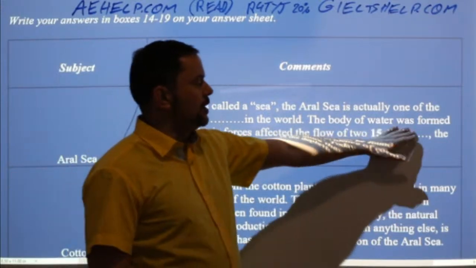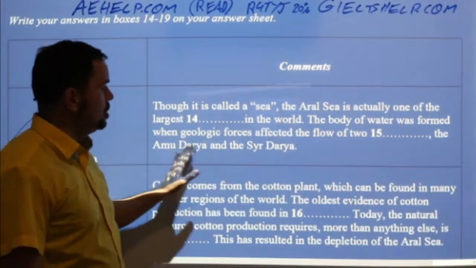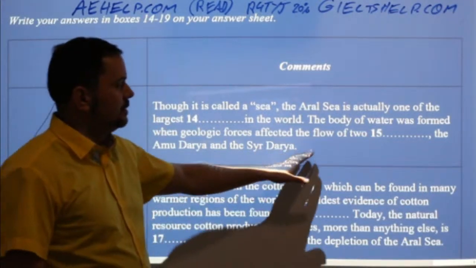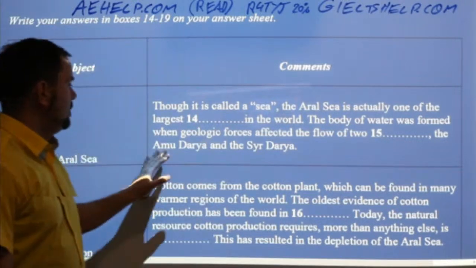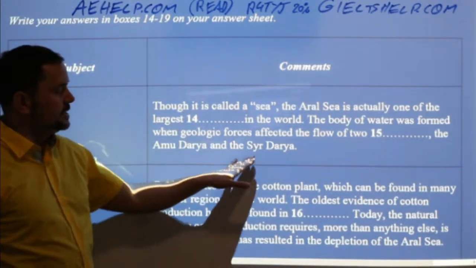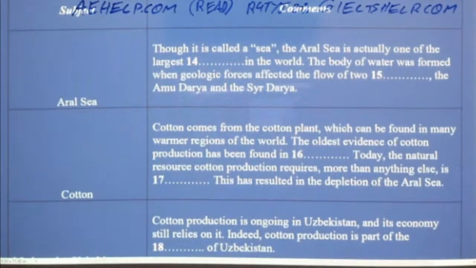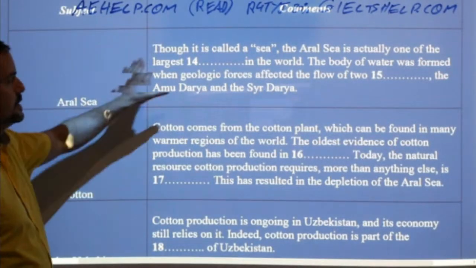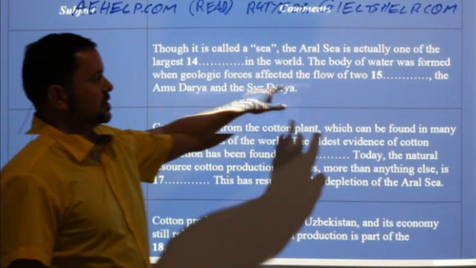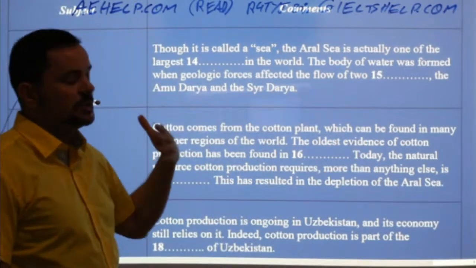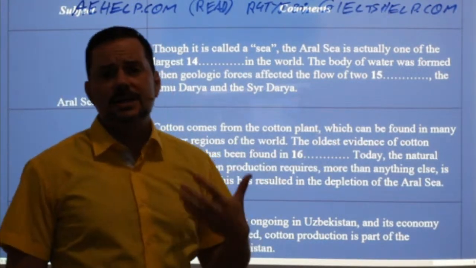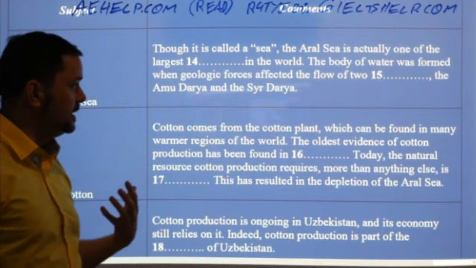The body of water was formed when geologic forces affected the flow of two something, the Amu Darya and the Sir Darya. Okay, so again, we're talking about the RLC. This is the statement, and we have two questions to fill in. So again, here it's just the beginning. We're going over this nice and fast just to get an idea.